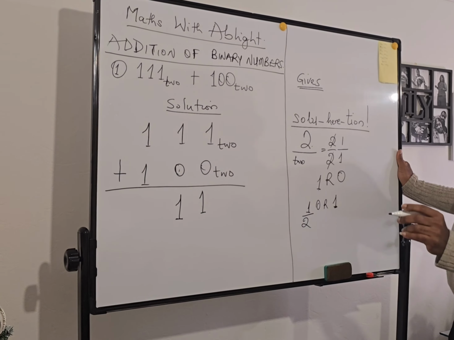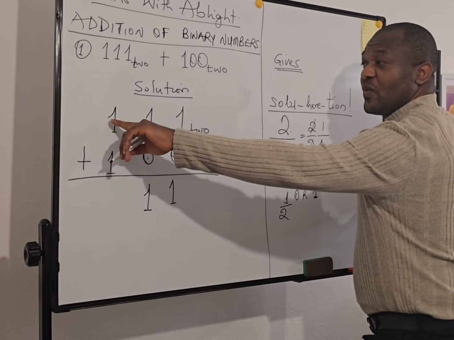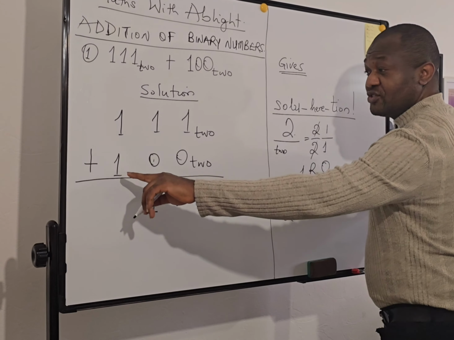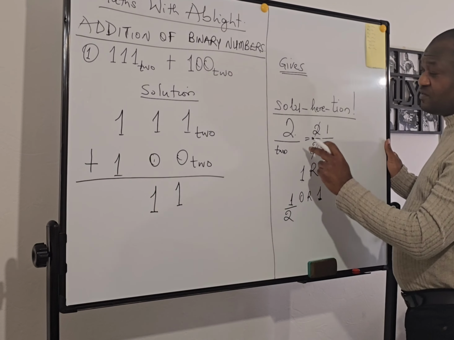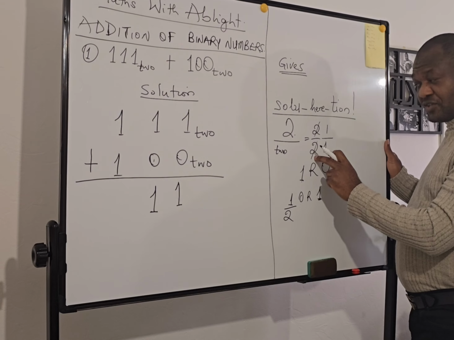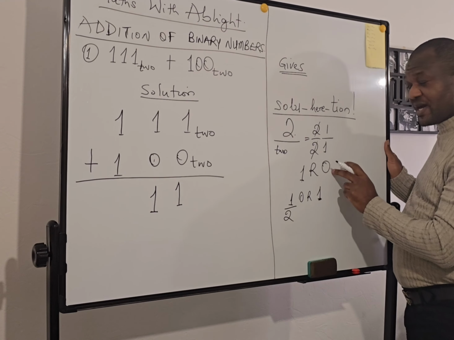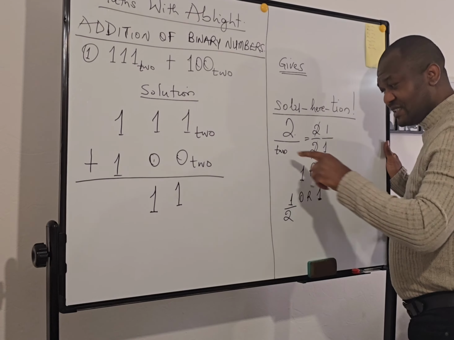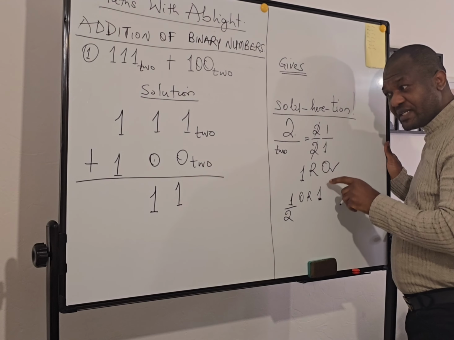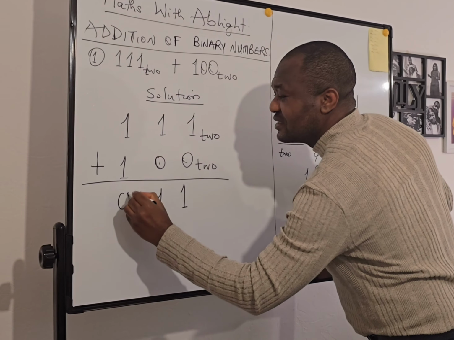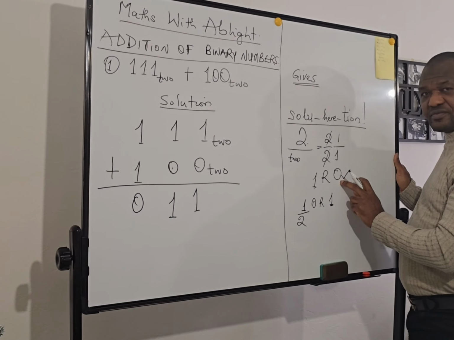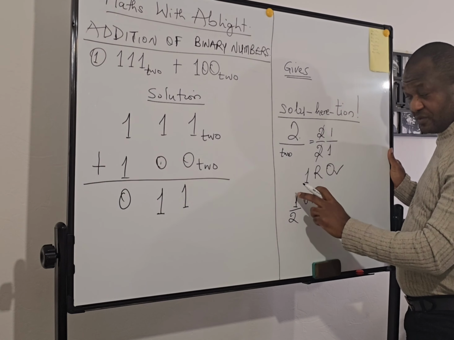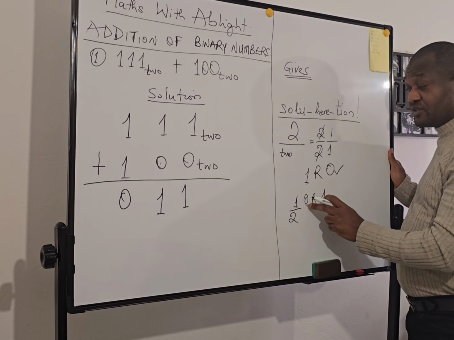Now, in this place, 1 plus 1 is 2. But when you divide 2 by 2, you get 1 remainder 0. Write your remainder. When you are dealing with bases, it is only remainder you will be writing. The remainder is 0. The remaining 1 now, when 2 divides it, you get 0 remainder 1.